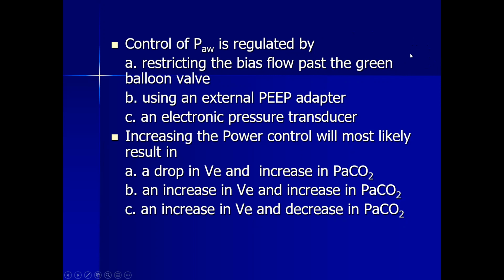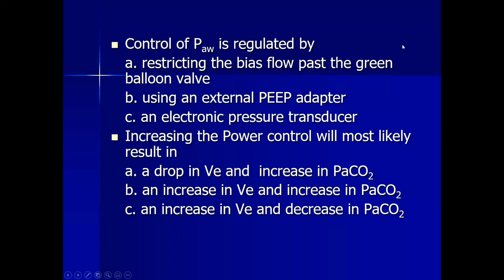I probably went too quick through the lecture so that you guys aren't recognizing. So the green controls the mean is a good way to remember. Mean airway pressure has to do with the bias flow in the circuit going past the green valve.